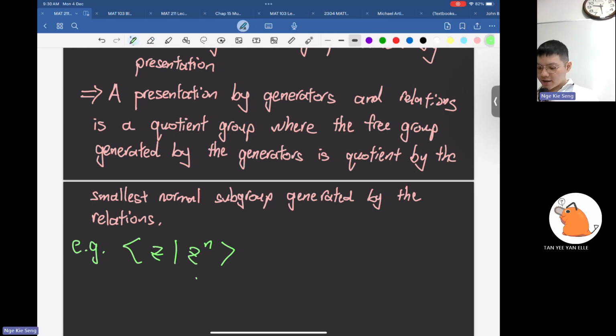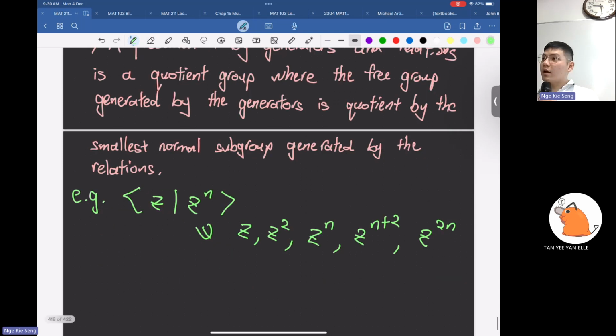We have the free group generated by Z. So for example, we have Z, Z squared, Z^n, Z^(n+2), Z^(2n). I can only concatenate Z, I only have the letter Z. Z to the 101n. But I say that Z^n has to evaluate to the identity in this group.